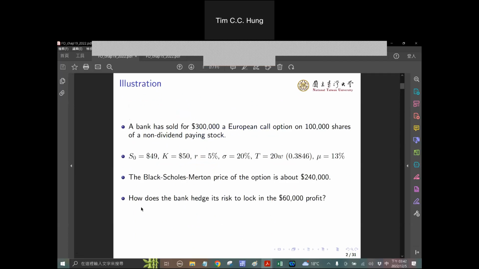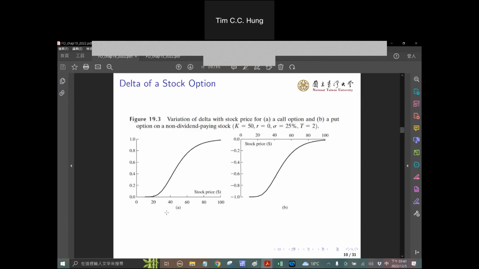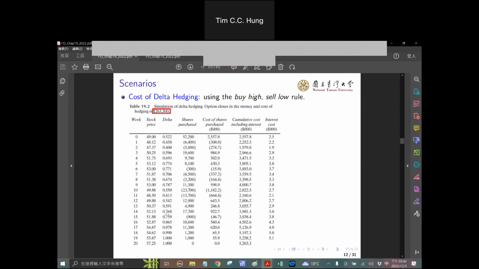That was the cost, and what do we do? We sell it at a premium for $300,000. So the financial institution actually sells it at a price higher than the fair value. That's the reason why we would say that the financial institution makes $60,000 in profits. And according to what we do, if we're doing the delta hedging, it turns out that in scenario 1, the entire cost is about $263,300.